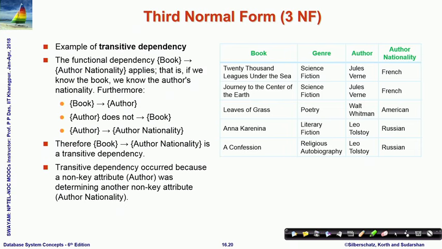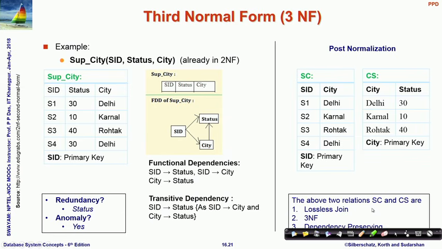But author does not determine the book, because the author may have written multiple books. Since book determines author and author determines author nationality, book determines author nationality, and therefore we have a possibility of redundancy, a transitive redundancy due to this transitive dependency.